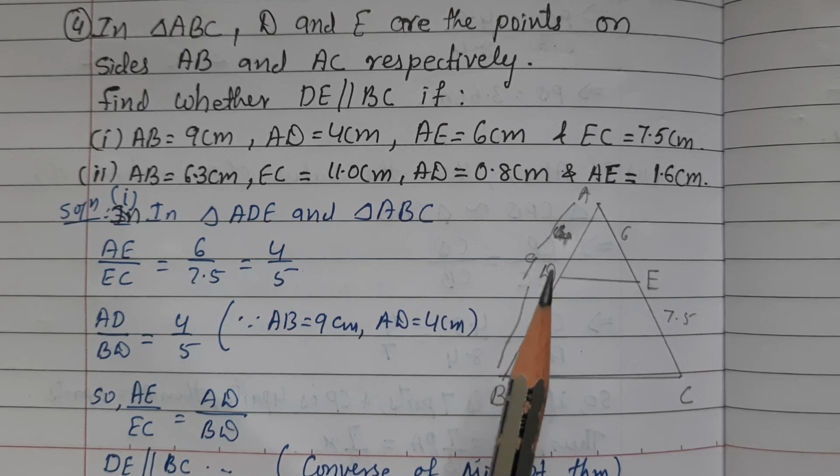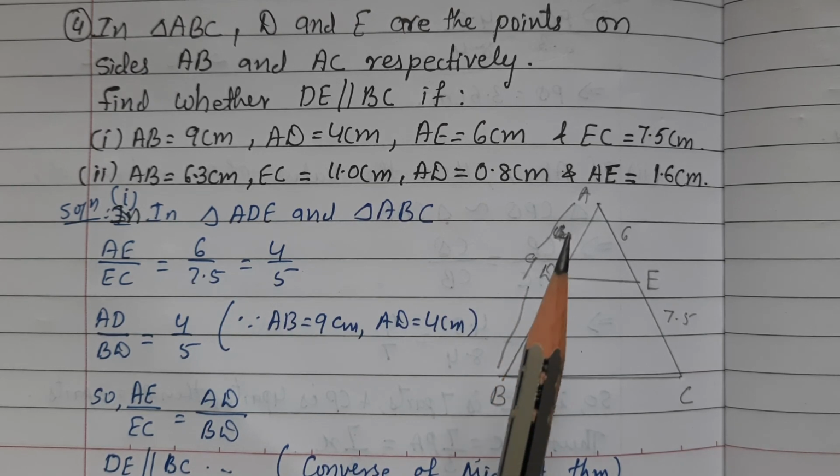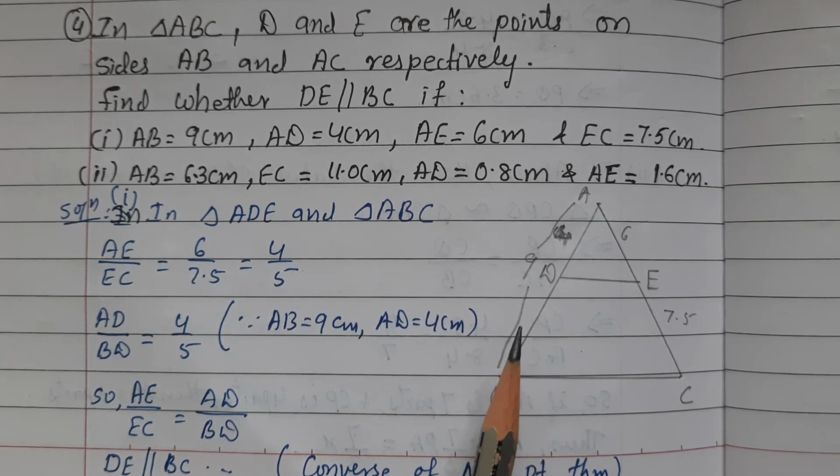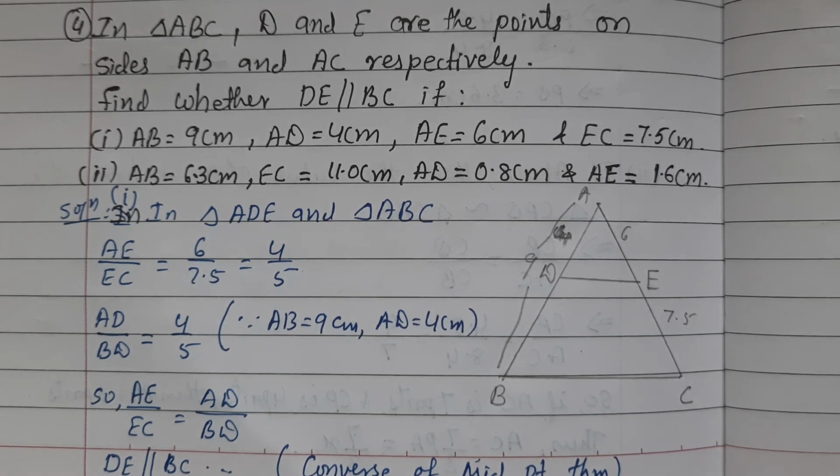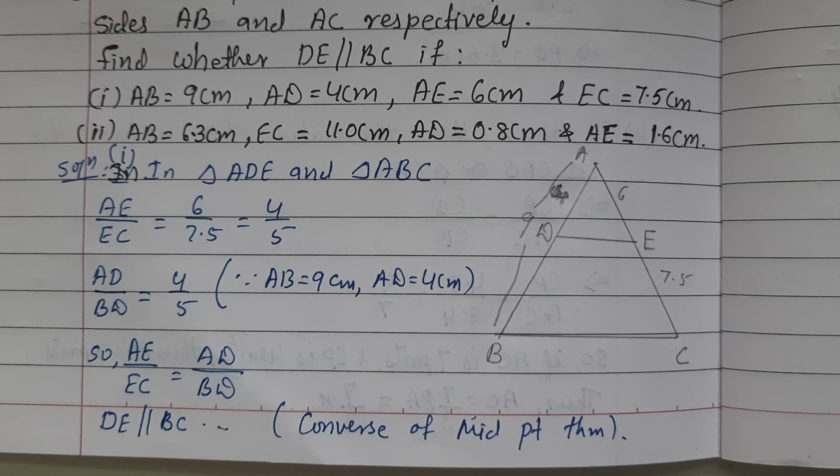AD upon BD is also 4 upon 9 minus 4, 5, that is 4 upon 5. So, AE upon EC is equal to AD upon BD. Therefore, DE is parallel to BC, converse of the basic proportionality theorem.